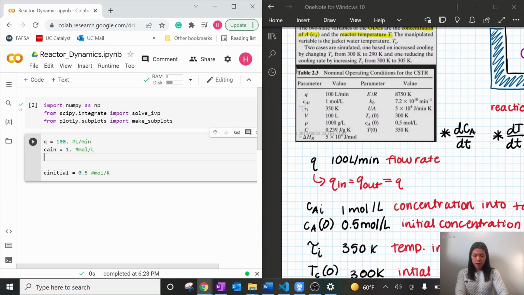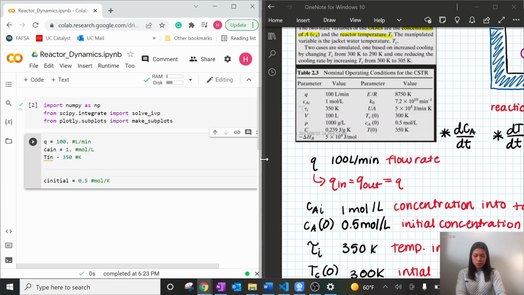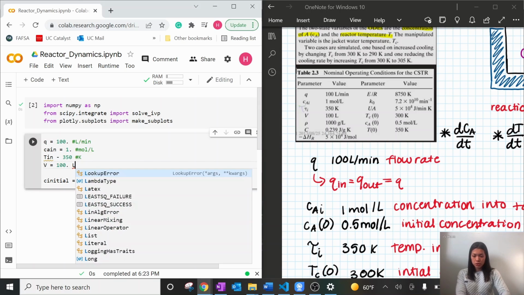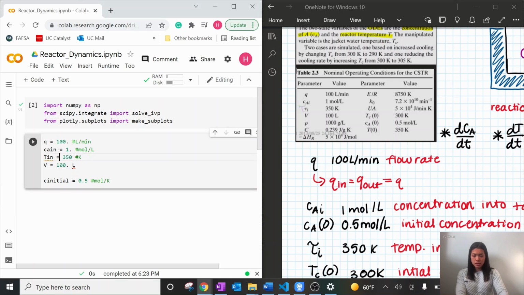And then we have our temperature going into the tank, and that is 350 Kelvin. And then we have our volume, which is 100 liters. We want to make sure that this is an equal sign because we are defining the temperature going in.